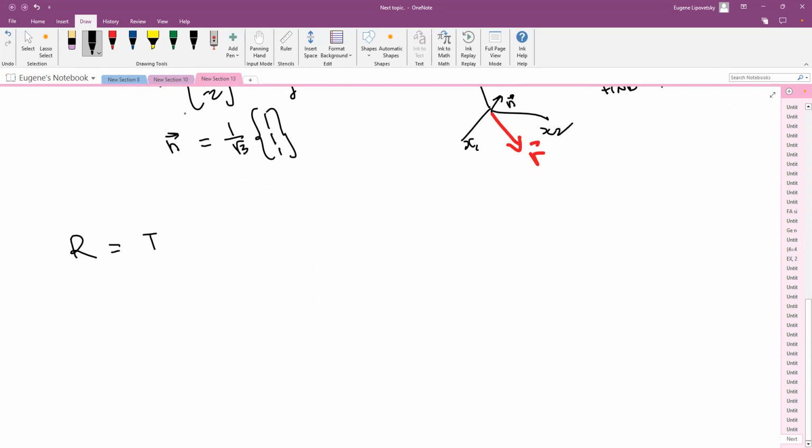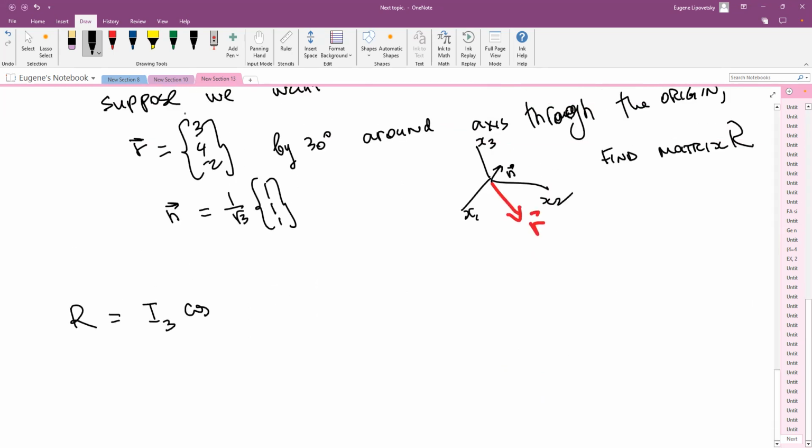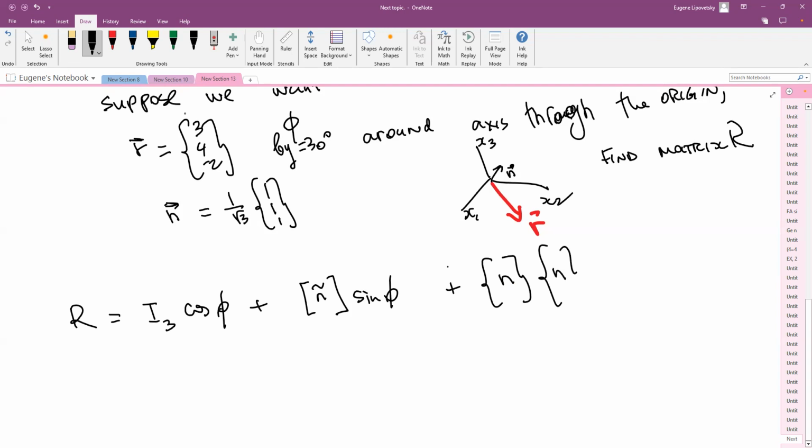It's an identity matrix, three-dimensional, times cosine of the angle phi, plus the n tilde, we'll explain what it is, times sine phi, plus the vector n multiplied by the n transpose, multiplied by 1 minus cosine phi. This angle is counterclockwise, right? Okay.